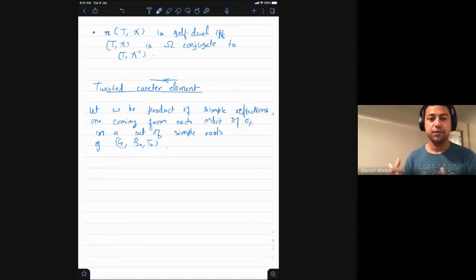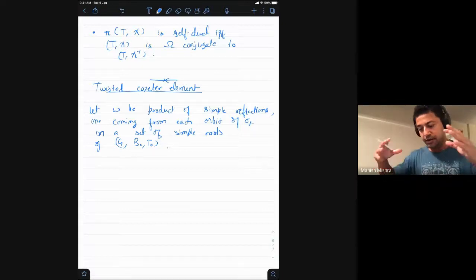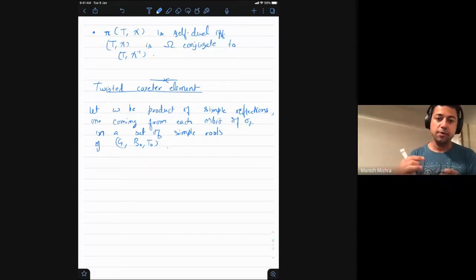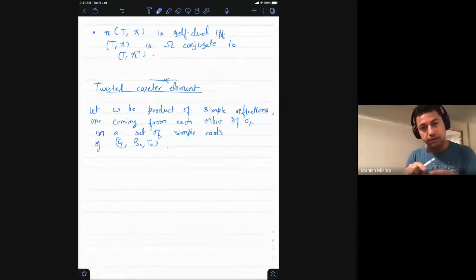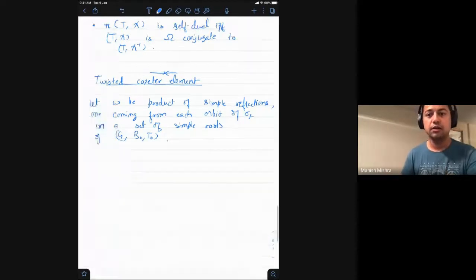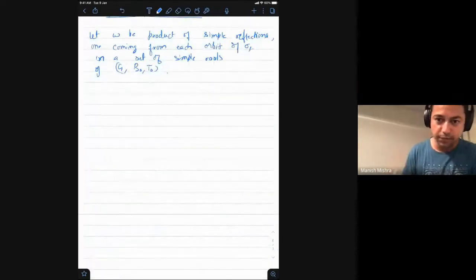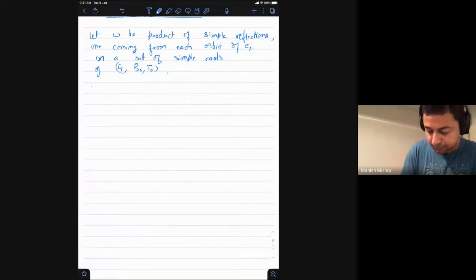We fixed a base root datum G, B, T_0, and the Frobenius acts on this. Then you take the orbits, pick out one element from each orbit, and take the product of simple reflections in any order. What you obtain is called a twisted, or sigma F, Coxeter element.